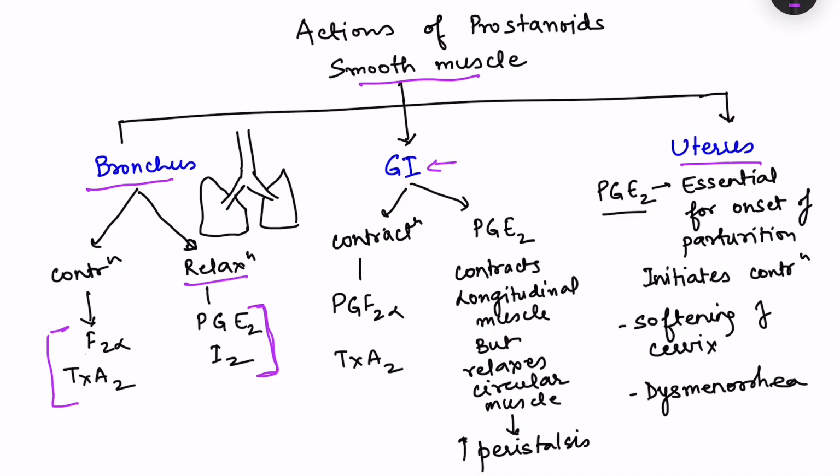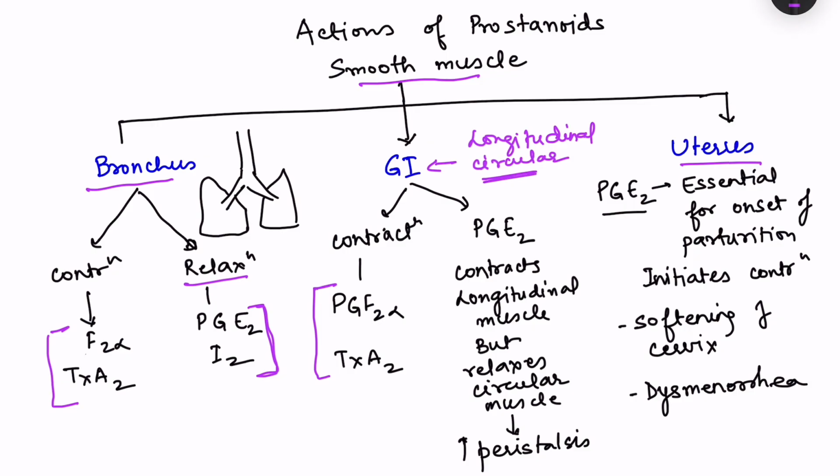Similarly, in gastrointestinal smooth muscle, we have PGF2 alpha and thromboxane A2, which cause contraction. And in GI smooth muscle, we have two smooth muscles, longitudinal smooth muscle, that is basic anatomy, and circular smooth muscle. Circular smooth muscle we see very prominent in sphincters.